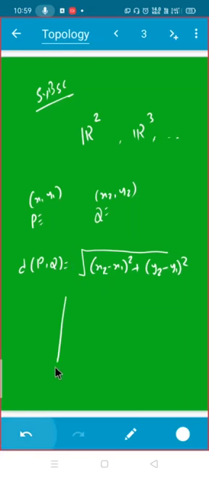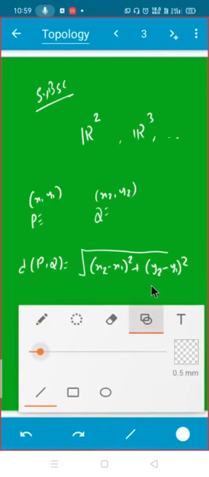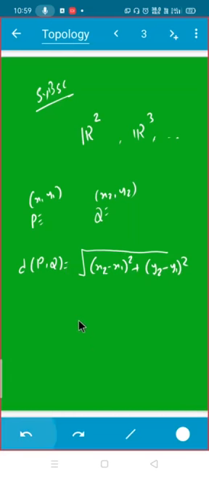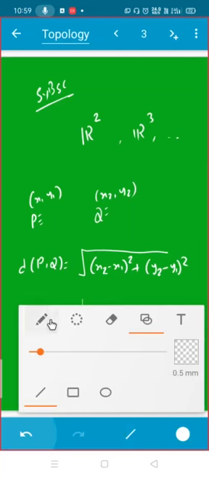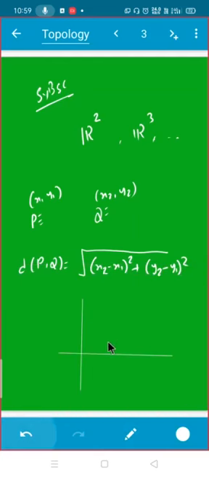Say in R2, let us draw. You are having 2 points, correct? What is this distance?